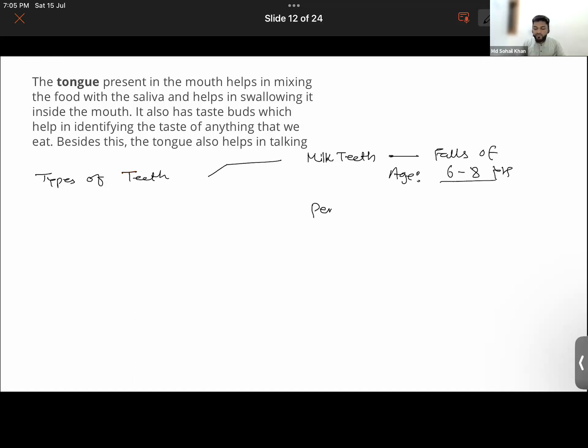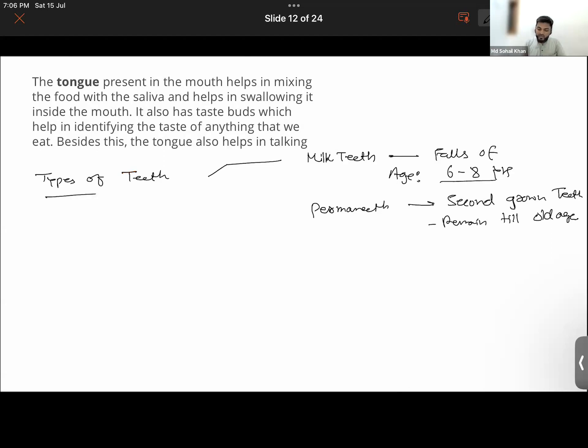Then comes the permanent teeth, which will remain for the lifespan of the person. So it can be called second grown teeth, remains till old age, right?